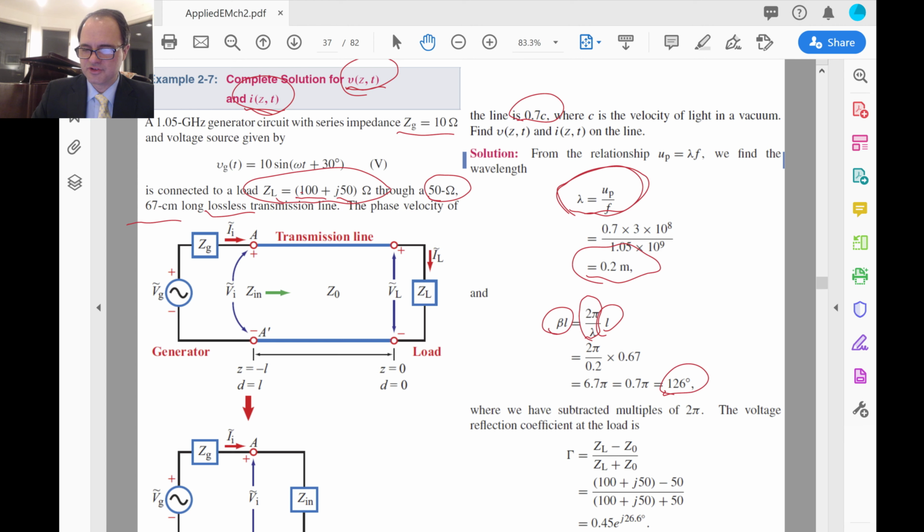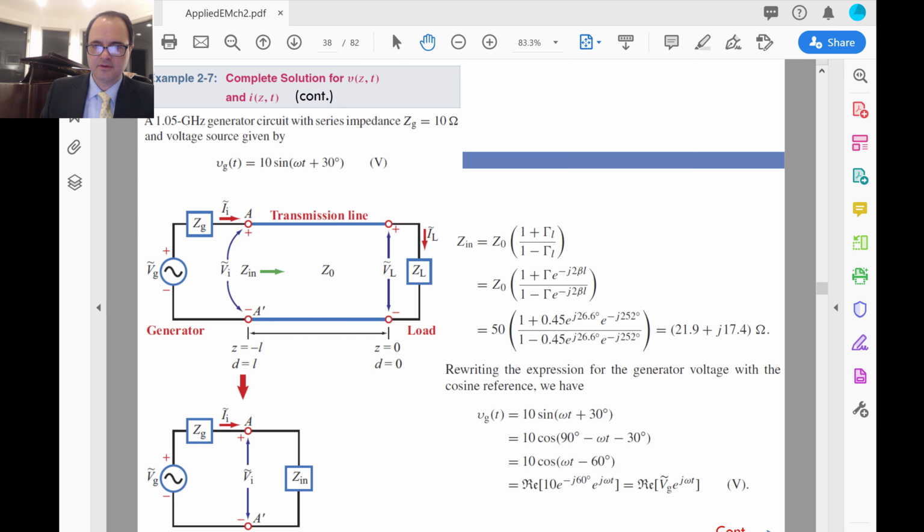So we first find just the regular reflection coefficient, and we have Z sub L and Z naught. We plug that in and we get this. That puts us in a good position to find the phase shifted reflection coefficient.